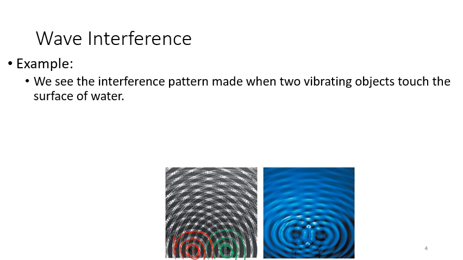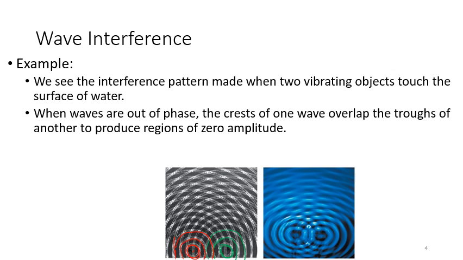The green circles spread out with the same gap. That means the frequency and the wavelengths are the same. The red ones also have the same frequency, so you can see the gap is the same.